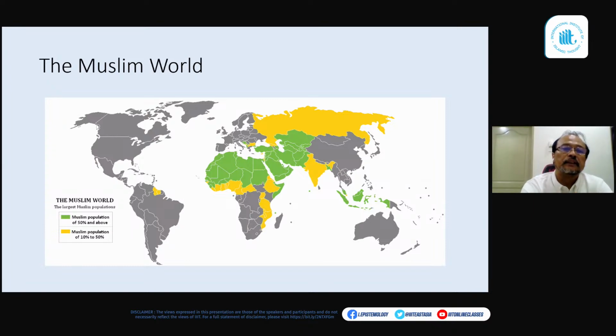But in terms of concentration, the ones in green are states that have more than 50% Muslim population. The ones in yellow had Muslim population between 10 to 50%. So most Muslim states are concentrated in Asia and Africa, and there are also a few Muslim majority states in Europe, and in addition to that, of course, in Central Asia and the Caucasus.